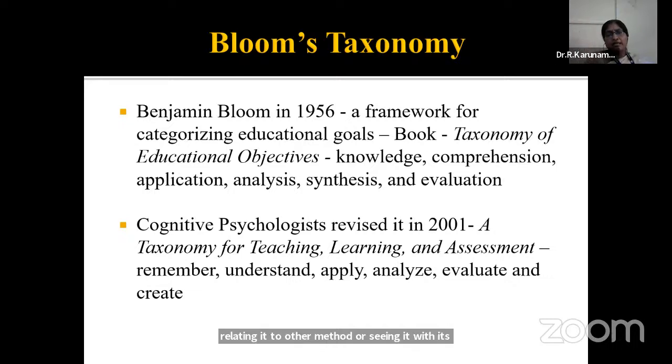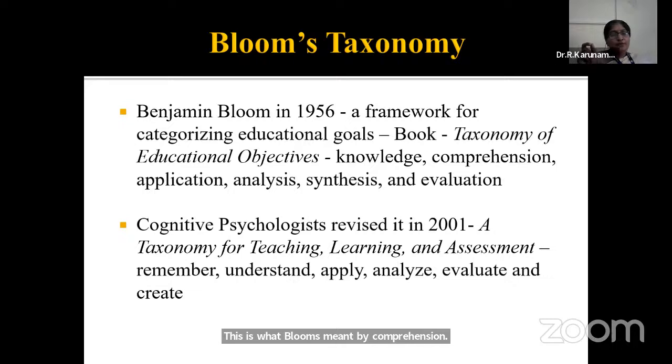Simply understanding whatever has been taught to him without comparing it with other things or applying it on something. He simply comprehends and understands what is being taught to him. This is what Bloom meant by comprehension.